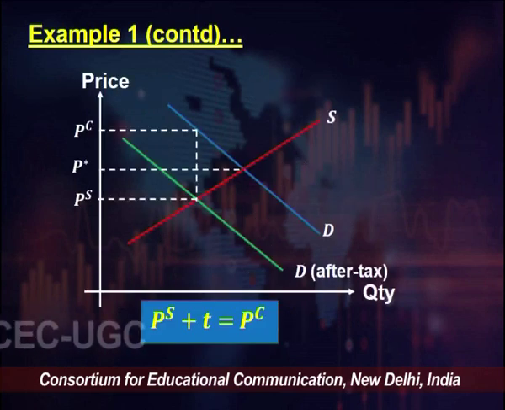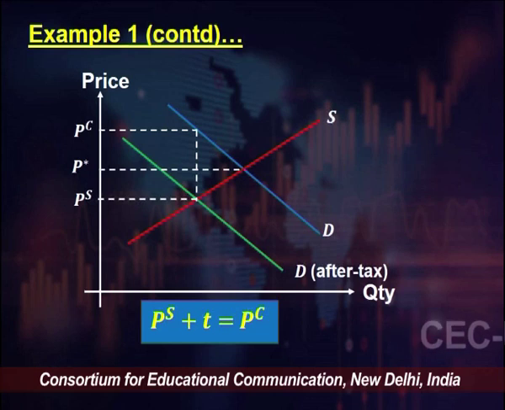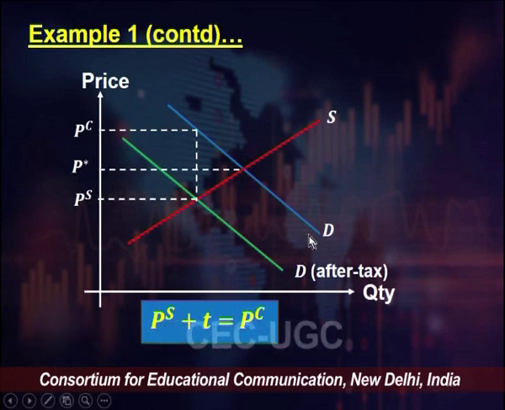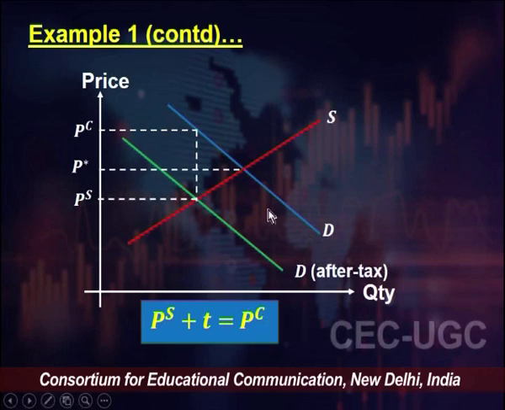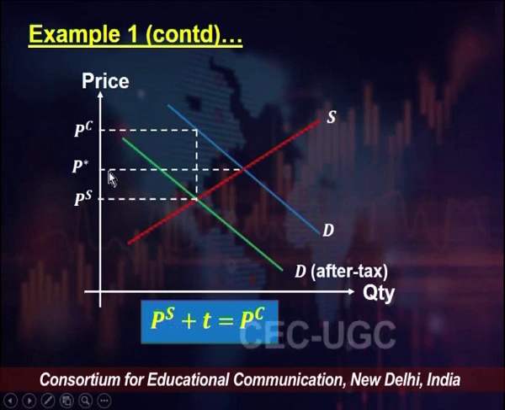So, to give you a visual sense of things, I have summarized this example so far with the following graph. You can see here that the demand curve before tax is this downward sloping line in blue. The original equilibrium, which shows the intersection with the red, upward sloping supply curve, is given by the price P star.